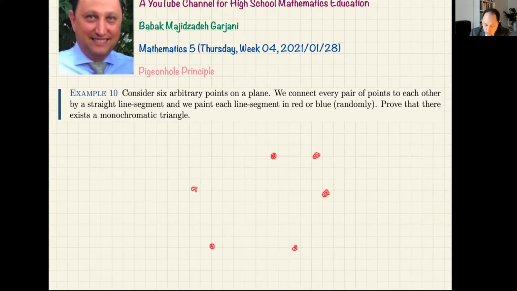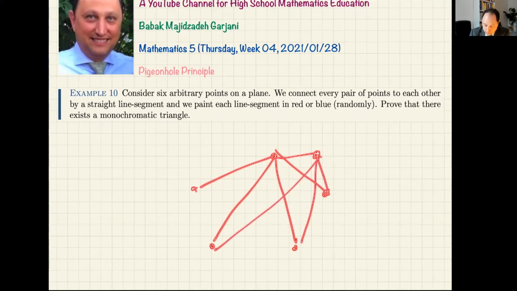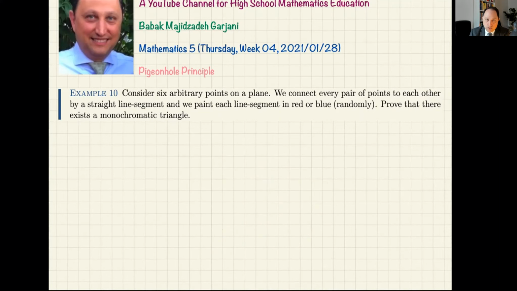I connect A to these points, and then I go to B. I connect it to all of them. And I do the same thing for C. So I connect every pair to each other, and I start coloring each one of these line segments randomly in blue or red. I want to prove that however you do it, it doesn't matter. You definitely have a monochromatic triangle.